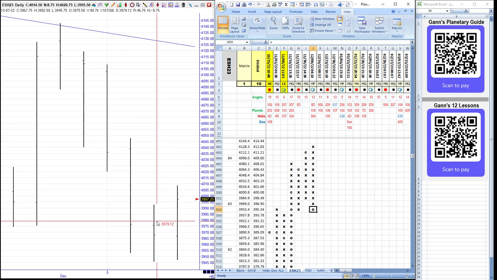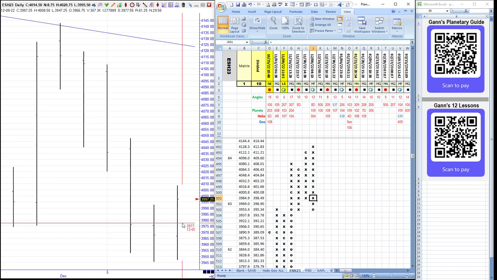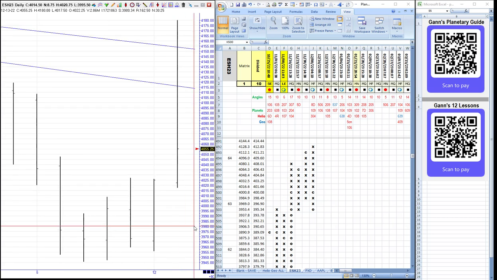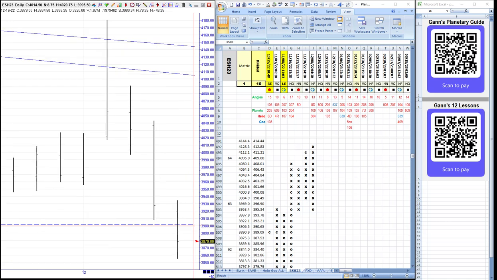The low was 39.45, yeah. Closed at 39.97. Now again, the trend is down, so the close, if it was up, would go here, but since it's down, it goes here. Again, you can do whatever you want, but this is how I do it from my experience over time of doing this.